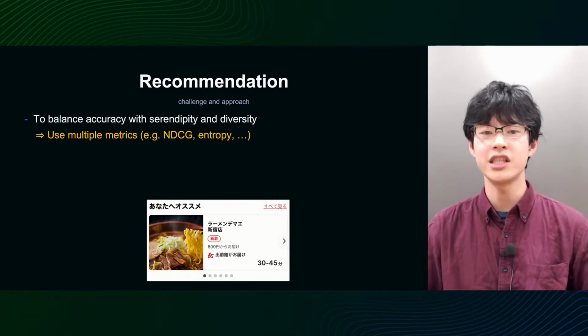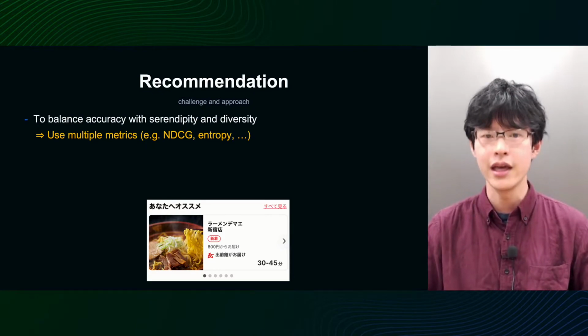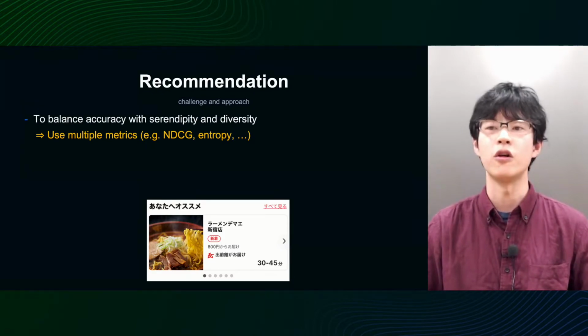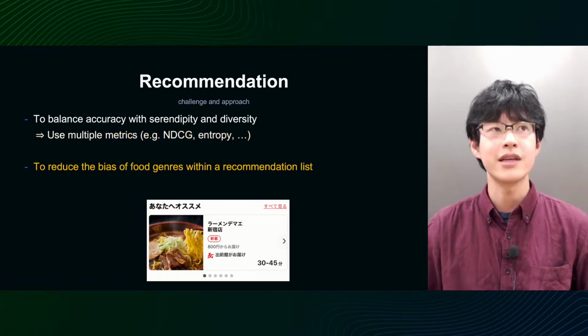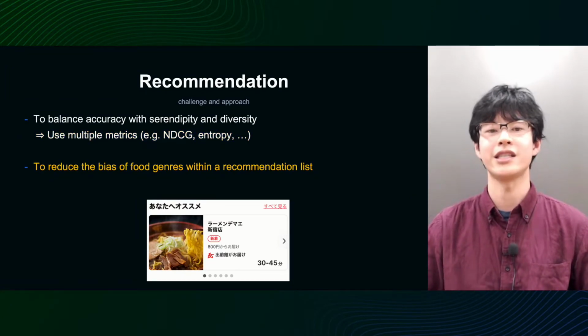Therefore, recommendation accuracy must be balanced well with components of discovery and diversity for the user. So we decided to use multiple metrics to tune the model, such as entropy for diversity, in addition to NDCG for accuracy.